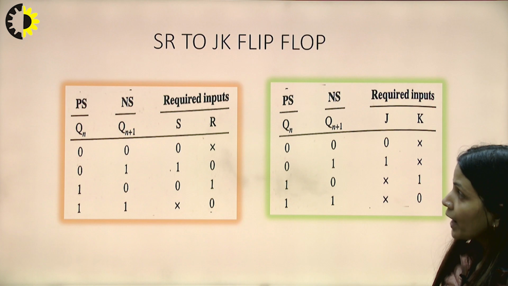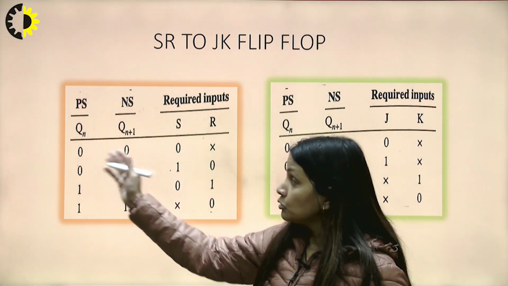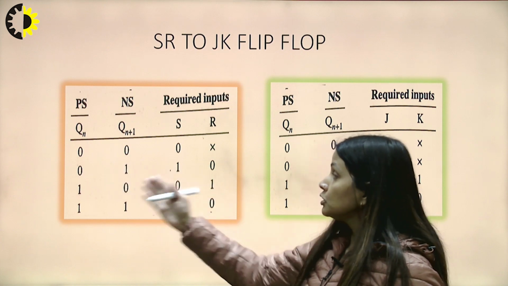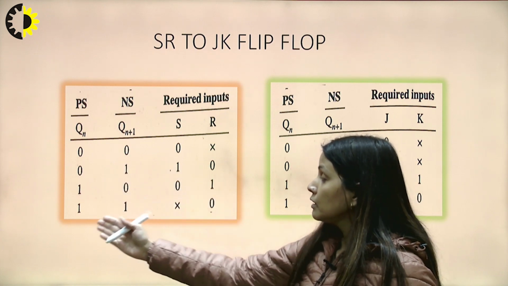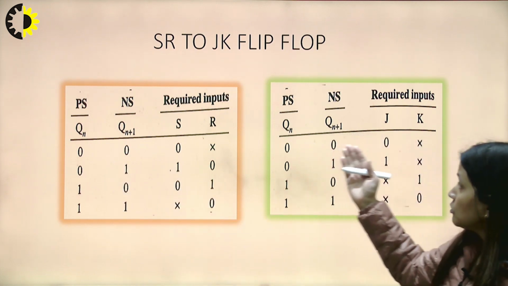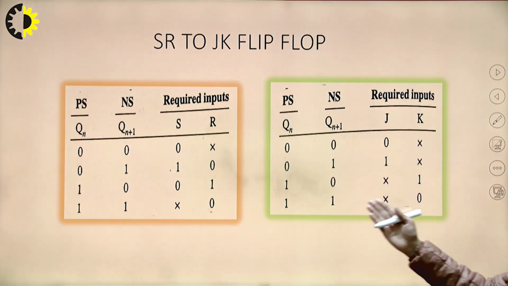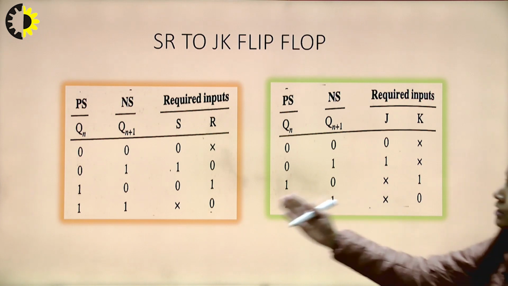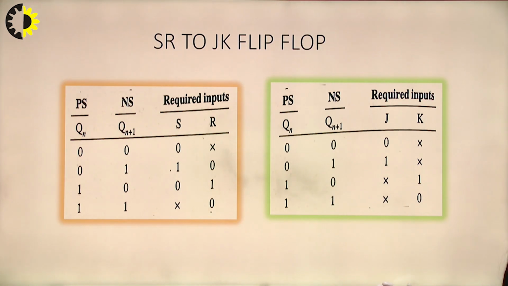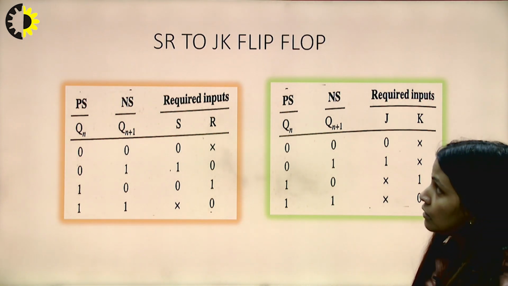The required inputs are S and R: 0 0 gives 0 cross, 0 1 gives 1 0, 1 0 gives 0 1, and 1 1 gives cross 0. These 2 excitation tables we need to remember all the time whenever we are converting the flip-flop.